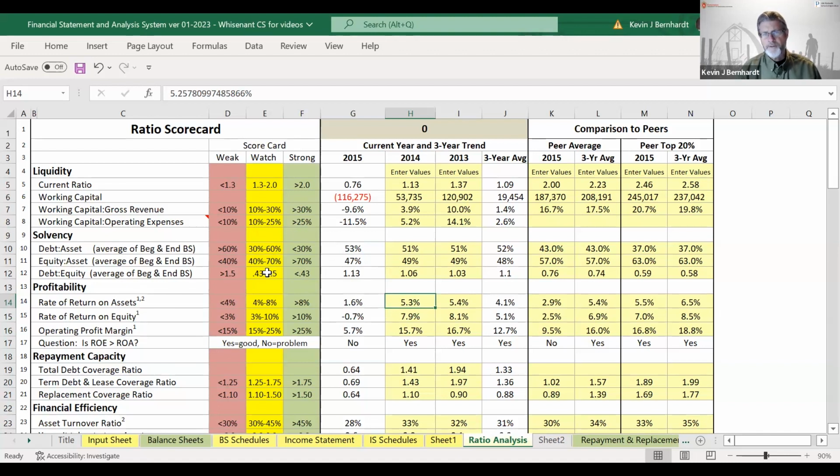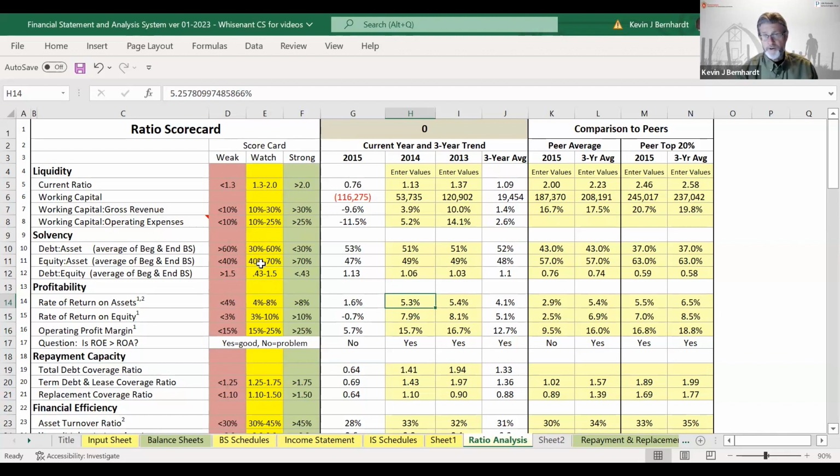The other thing that's valuable about the ratio scorecard is that it is vetted by the Farm Financial Standards Council. Earlier in the video, we had a website that went to the council's website. They have a guideline for farm records and farm analysis, and these ratios have been vetted by that group of folks at the Farm Financial Standards Council.